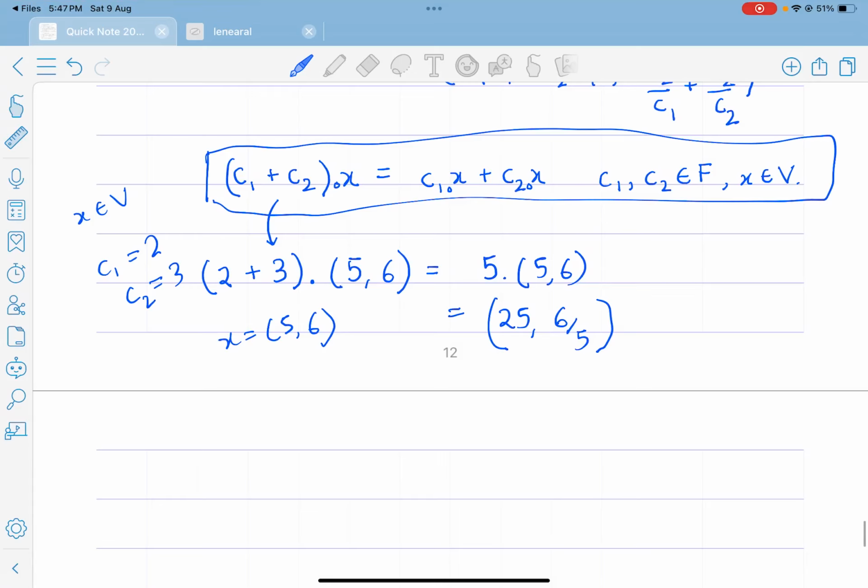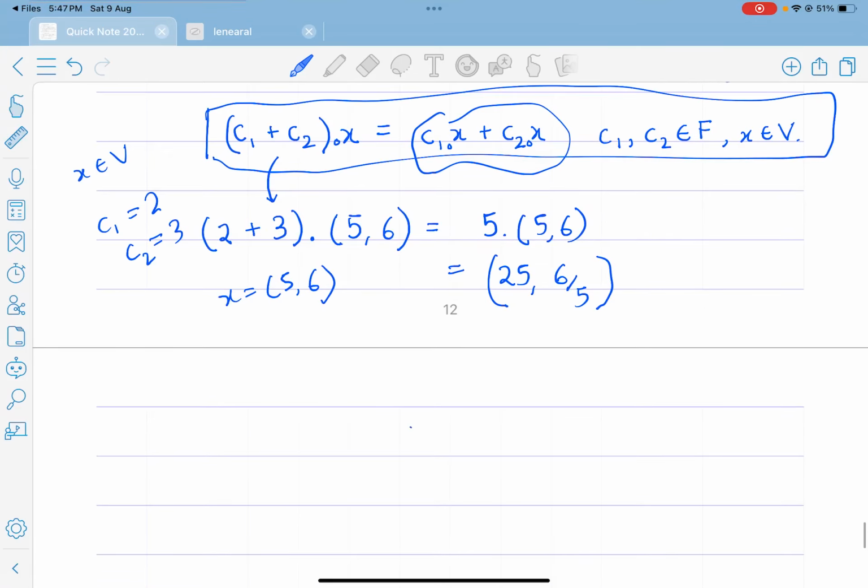Sorry, what am I doing. 2 dot x is (5, 6) plus 3 dot (5, 6).